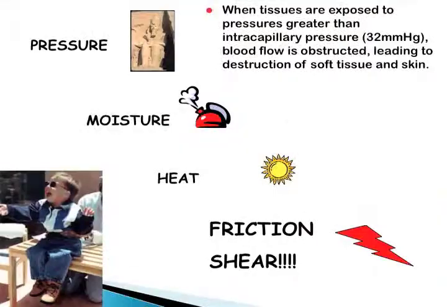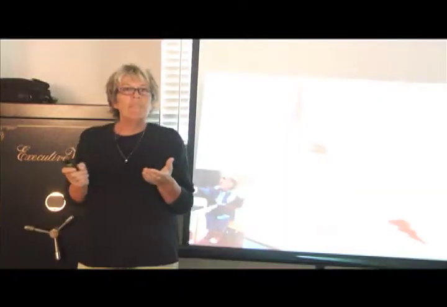But there are other issues we should be worried about, one of which is moisture and heat, which we can't avoid because of where they live, and friction and shear, where they're actually sliding on their systems. We'll see some kids with red marks, and people say, well, it's pressure, but you can tell it's like tearing, where they've slid forward in whatever device they have. If we can stop that dynamic by using all the things we've learned up to now, we can control some of this.